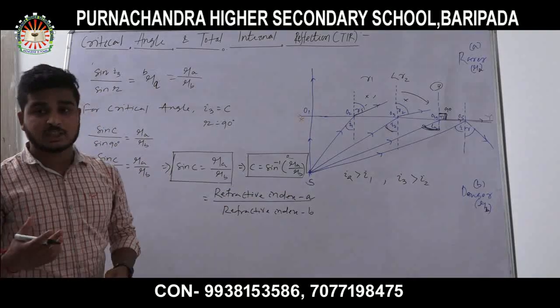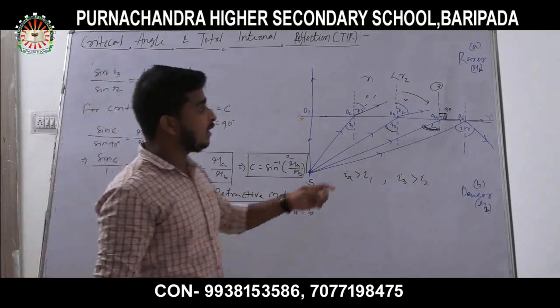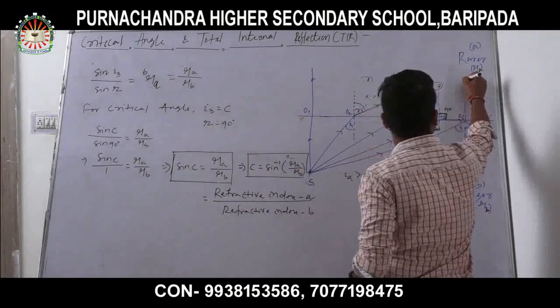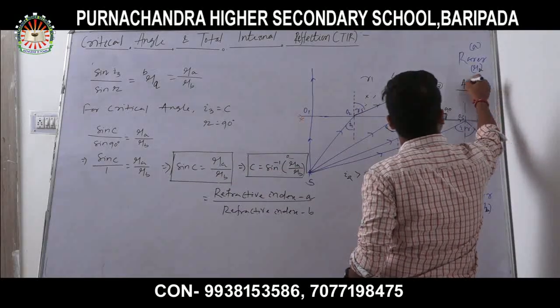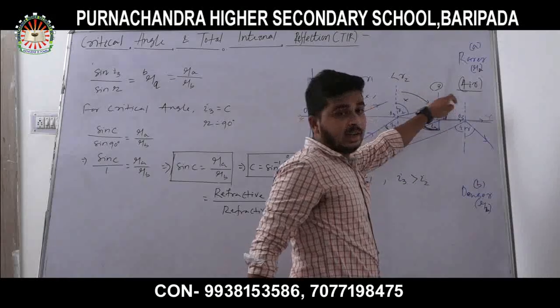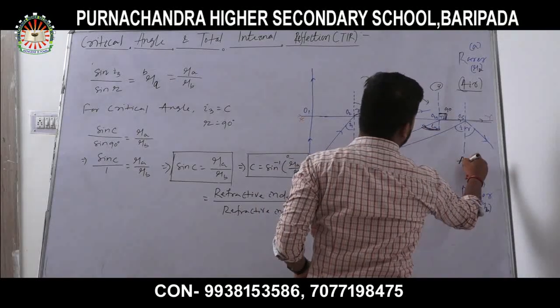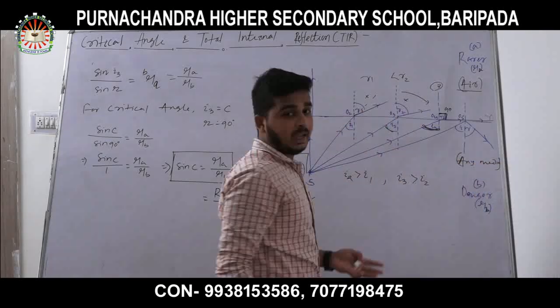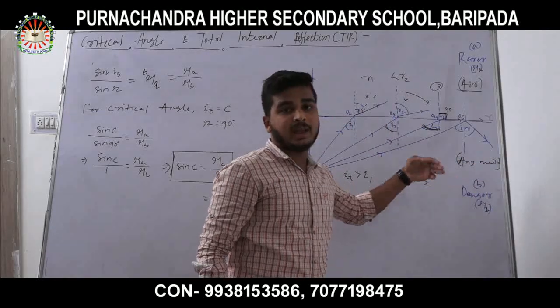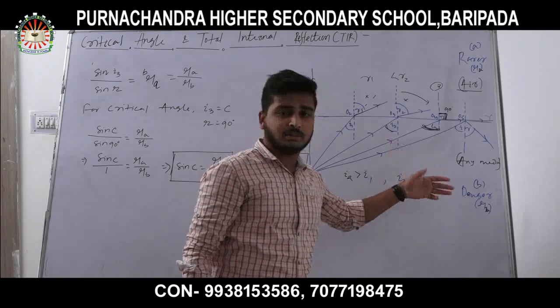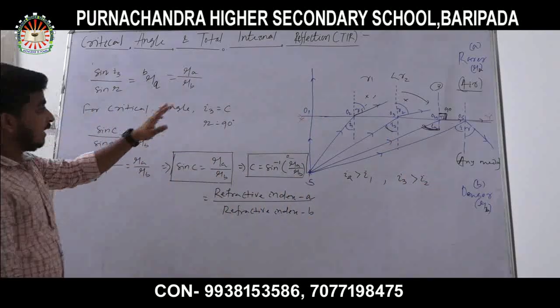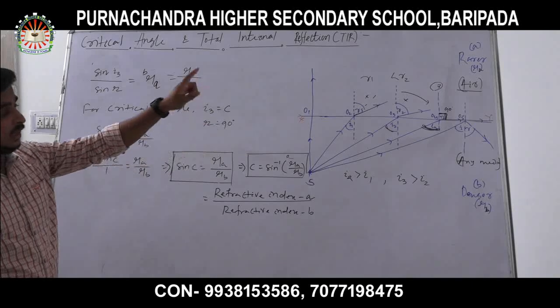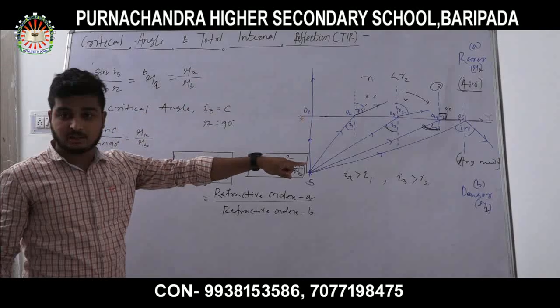Now let's discuss a special case. Suppose here the media A is air and media B is any kind of media except air. It may be water, it may be glass, it may be oil, something. So let's find the critical angle for the air and any media interface.